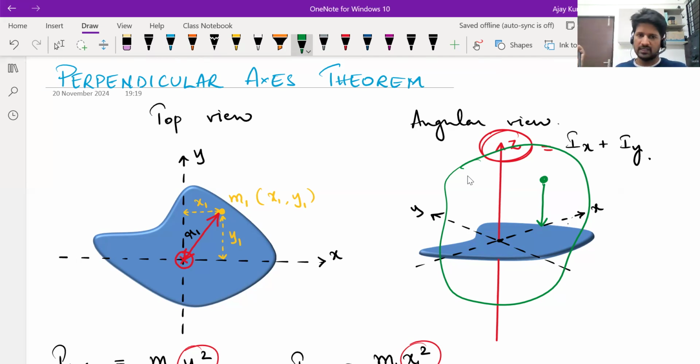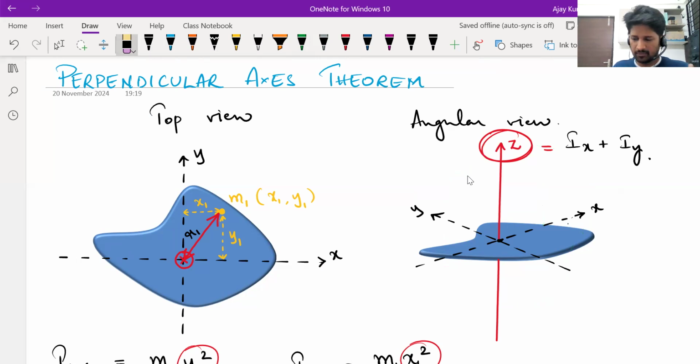That compression idea is valid, but you won't be able to use Iz is equal to Ix plus Iy in that case, because when you compress it parallel to the z-axis, you'll be changing the distance from the x-axis and y-axis. So Iz is equal to Ix plus Iy won't be valid for the original system and the compressed system. So just remember it this way, the perpendicular axis theorem is to be applied only to planar systems.